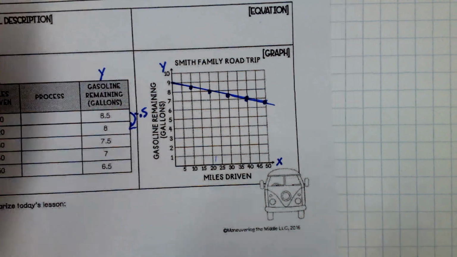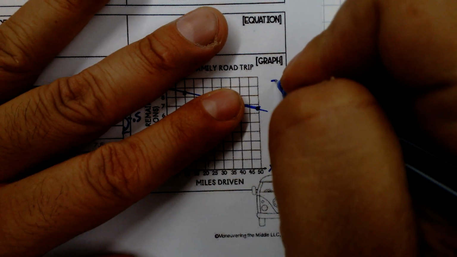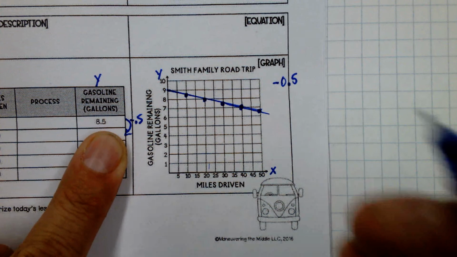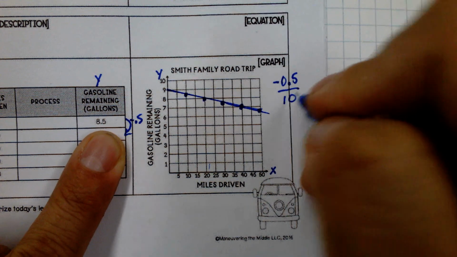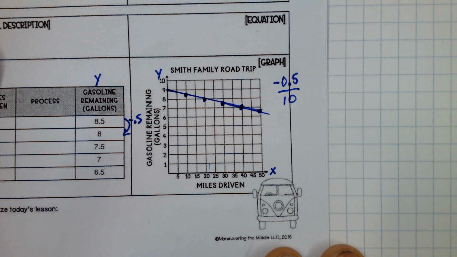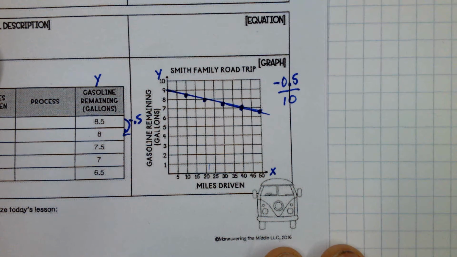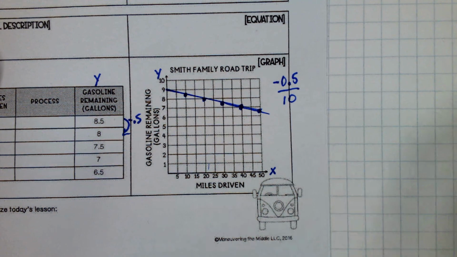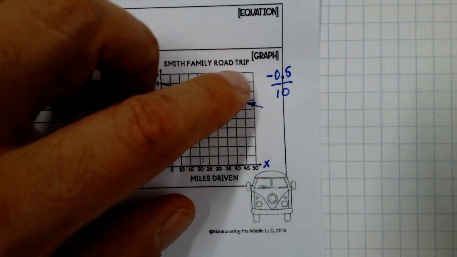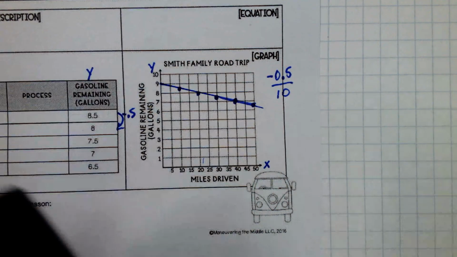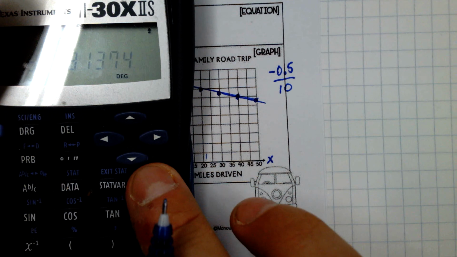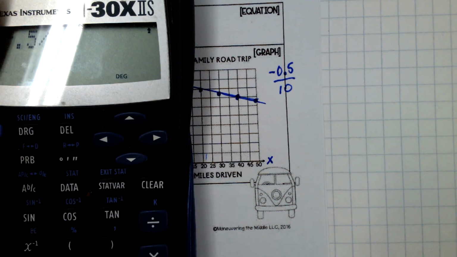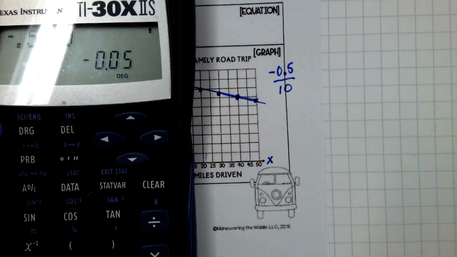What would that be? We have negative 0.5. That's a difference in y over 10. So if I divide that, what am I going to get? If I want the unit rate, I want negative 0.5 divided by 10. What's that give me?